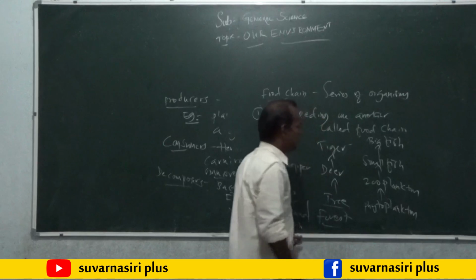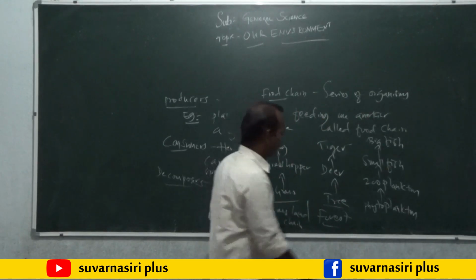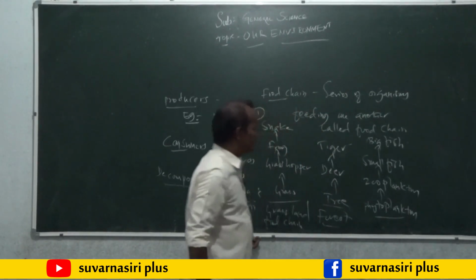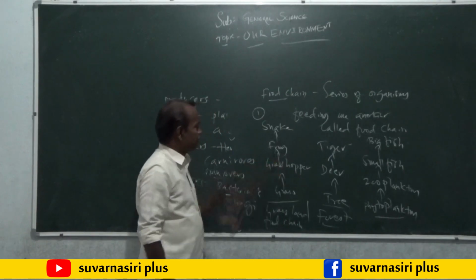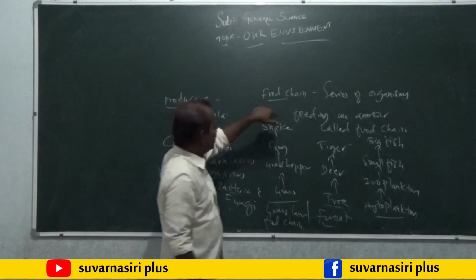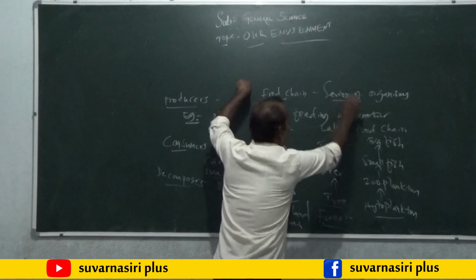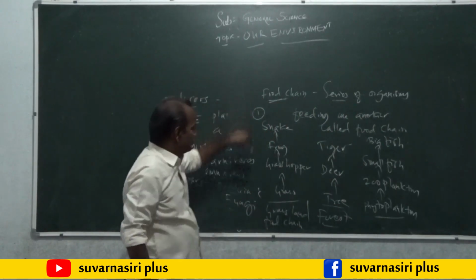So this is a food chain that exists in the aquatic medium. You can understand these 3 food chains by knowing the meaning.